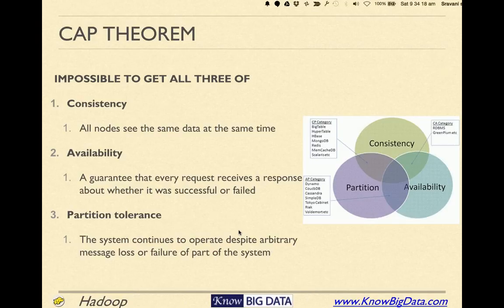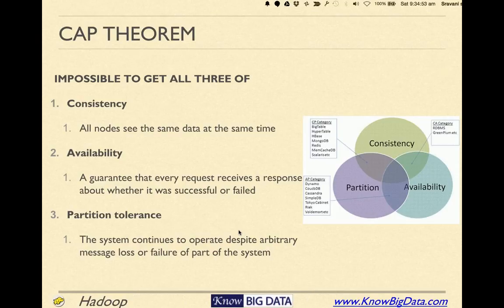Now the third one is partition tolerance. Partition tolerance means even if there is a partition in the network, meaning even if some of the machines shut down, the system should still be able to work. The minimum partition tolerance level should be one machine: out of a network of 10 computers, even if we shut down one machine, it should still work.